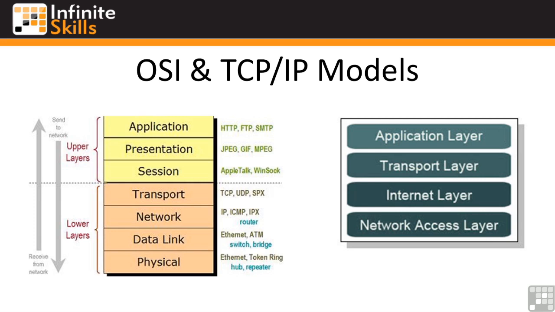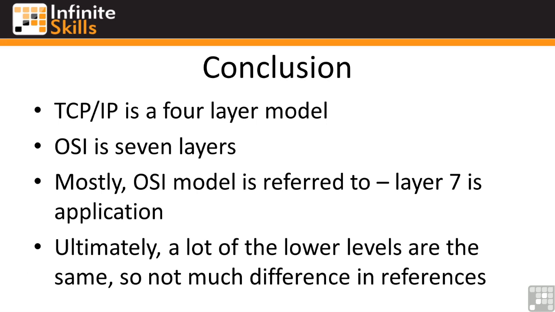So really that's why we talk about the OSI model, not only in terms of understanding the different functions and how they interact with one another, but also as kind of a shorthand, so that you can say which set of functionality we're talking about. You can talk about the different layers in the OSI model. So TCP/IP is a 4-layer model and OSI is 7 layers.